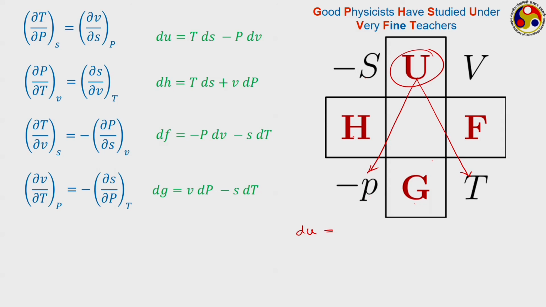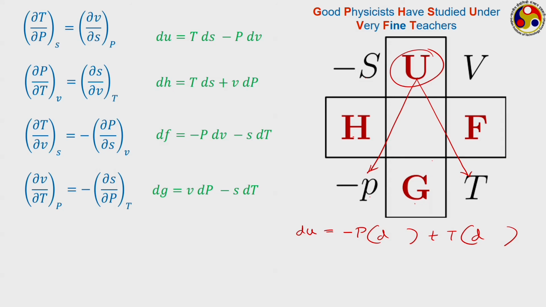That is, your expression will be of the form minus P into d of something plus T into d of something. So, minus P and T, the terms which appear in the opposite corners, will be the two coefficients. The terms which appear on the left hand side corners, like P and S, there generally we have this minus sign.